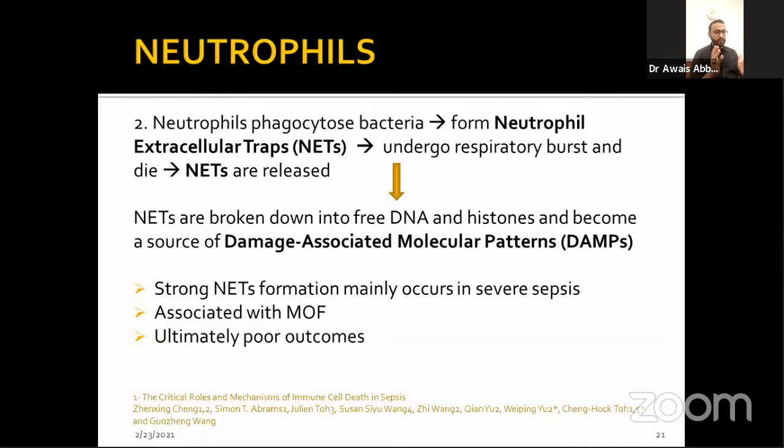We call those triggers damage associated molecular patterns, or DAMPs. I'll be discussing these DAMPs in the coming slides. The stronger the NET formation, the more severe the sepsis generally is, and a stronger NET response is associated with multi-organ failure and ultimately poor outcomes in the patients.